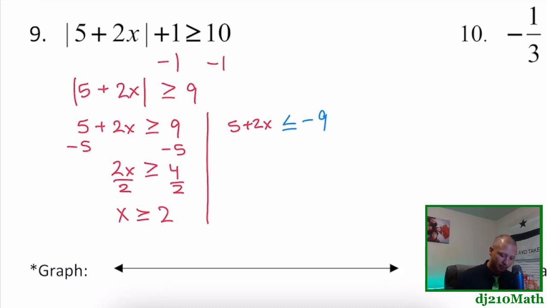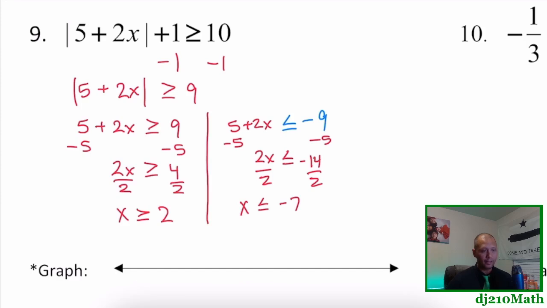Second is going to be, again, minus 5. 2x less than or equal to negative 9 minus 5. They're both negative, so we're naturally going to add them. 9, 10, 11, 12, 13, 14. And keep the negative sign. Divide both sides by 2 to isolate x. And we see that x is going to be less than or equal to negative 14 divided by 2, which is negative 7.